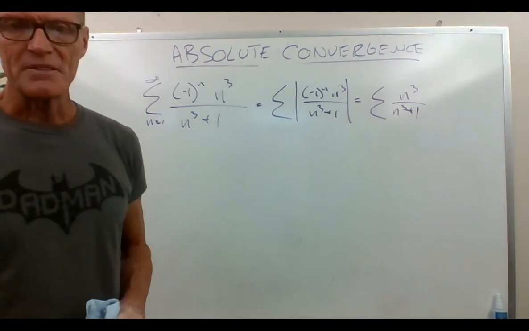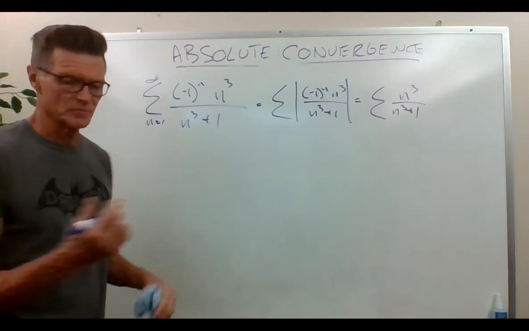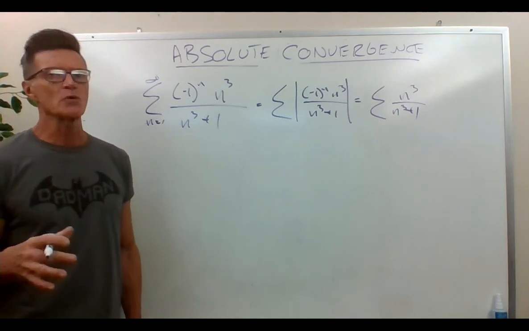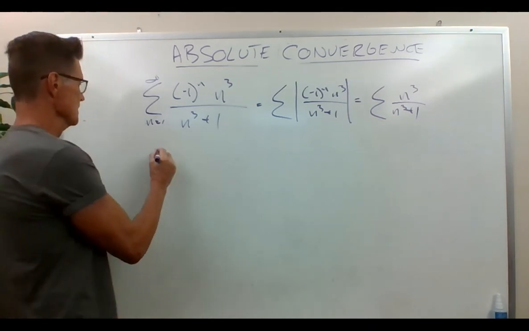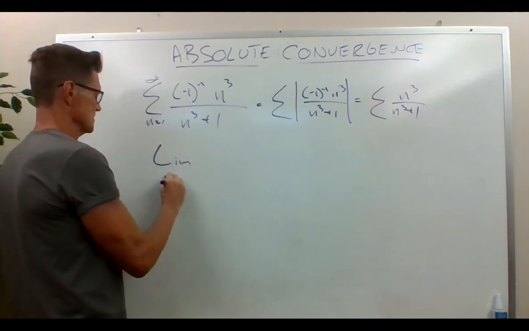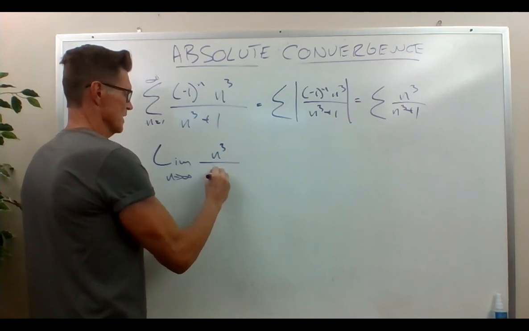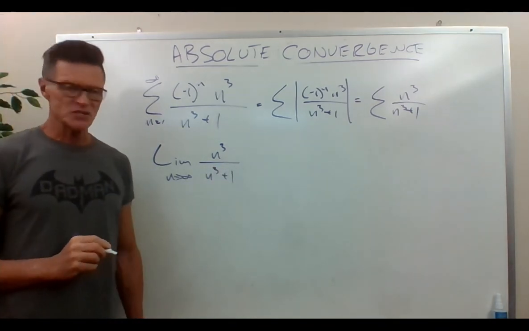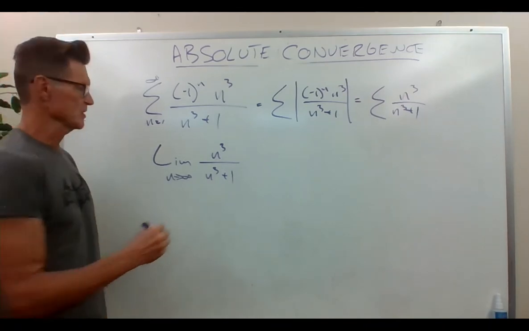All right, so by that, I'm going to try the divergence test. Remember with the divergence test, if the limit of the sequence does not equal 0, it diverges. So let's take the limit as n approaches infinity of n cubed over n cubed plus 1. To do this limit, let's divide everything through by n cubed.